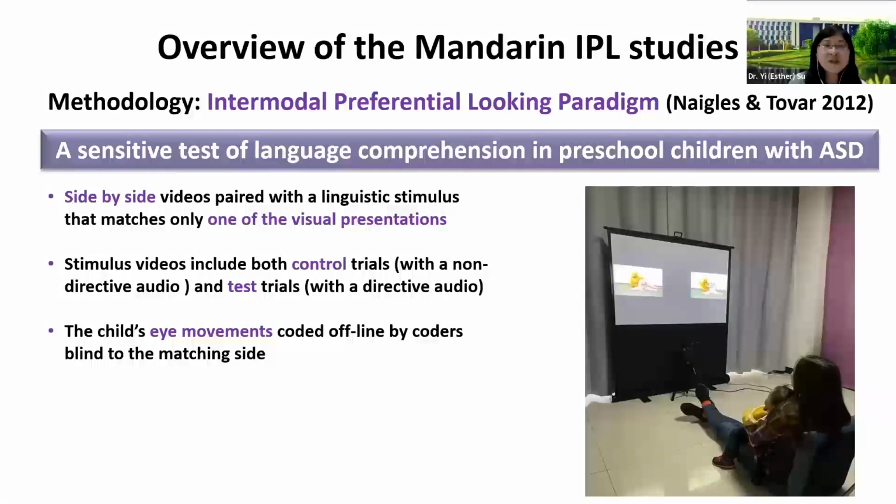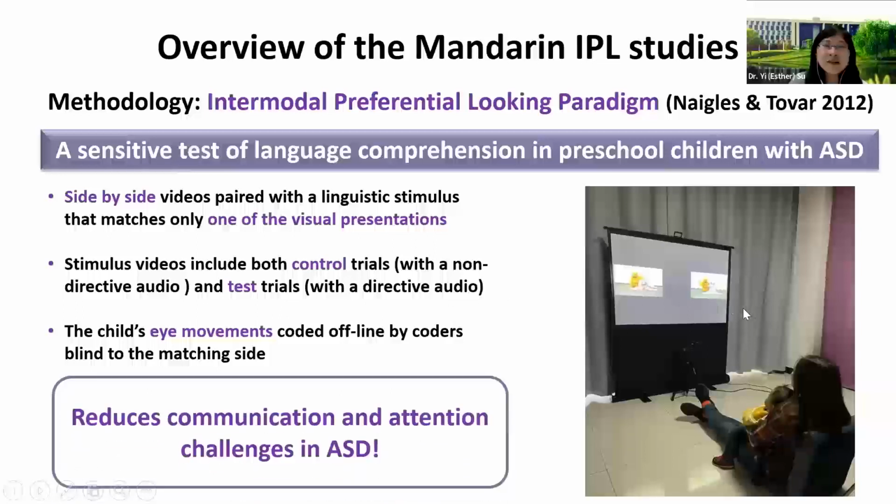And the stimulus videos include control trials with a long directive audio, like 看两边都有, so long directive, and the test trials with a directive audio, like 小马在推小鸟, so that's a test trial.